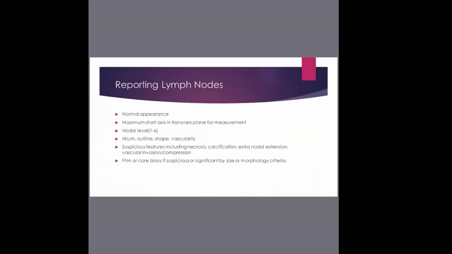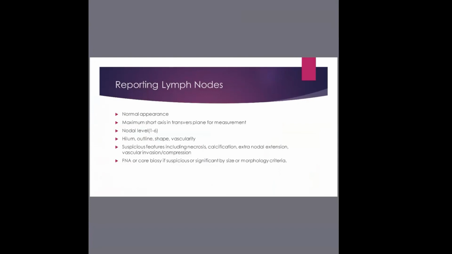So in reporting a lymph node, sometimes a patient might come with a swelling anywhere, and you scan and you know that's a lymph node. In order to put the patient's or the doctor's mind at rest, you just describe the lymph node, measuring its short axis dimension, anterior posterior diameter, the maximum diameter. That's where you measure.